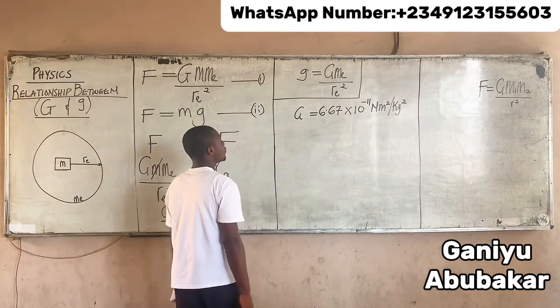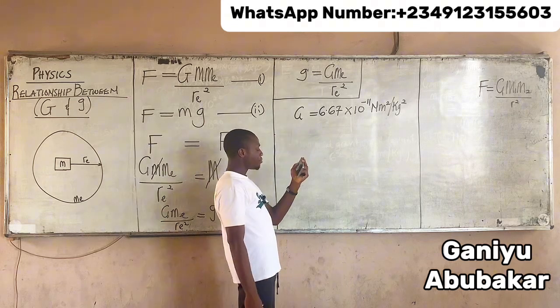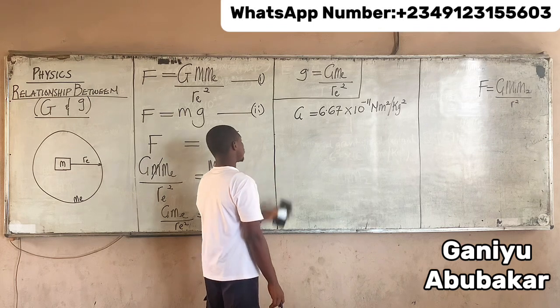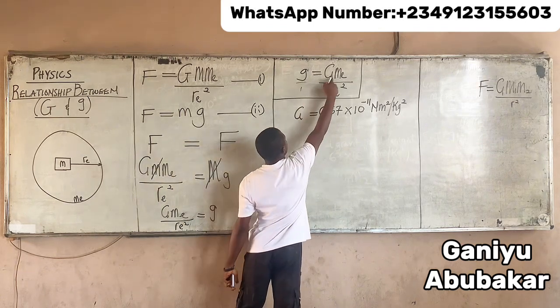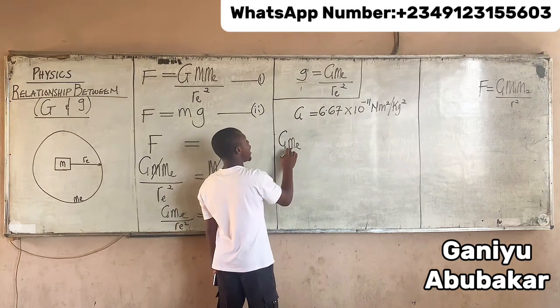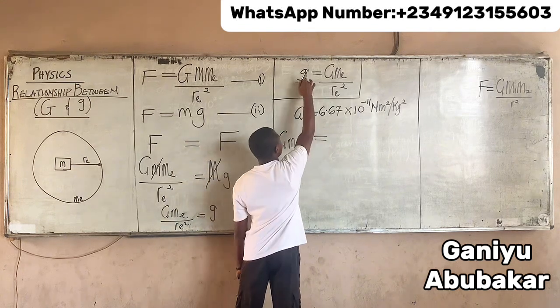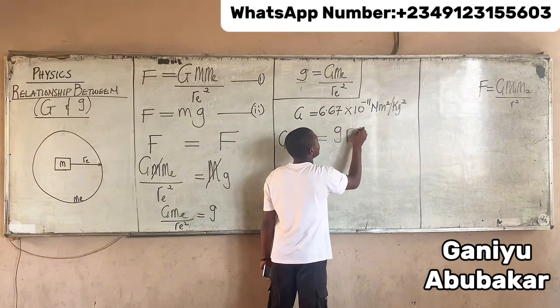First task, to do the proving of this value, I have to make G the subject here. So making G the subject, GME over 1, I'll have GME, where M is the mass of Earth, is equal to small g times the radius of Earth squared.